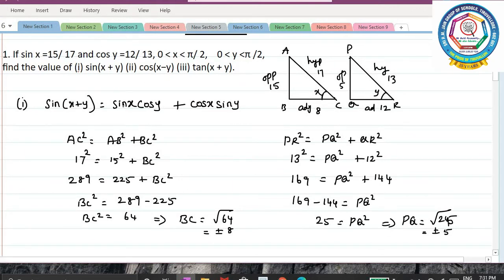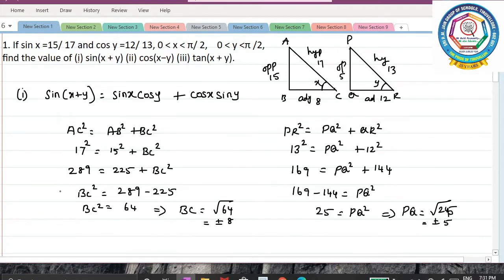But what is the formula we know? Sin of x plus y equal to sin x cos y plus cos x sin y. We have to substitute that. Sin of x plus y equal to sin x, which is given, 15 by 17, into cos y, which we got and is also given, 12 by 13, plus cos x.